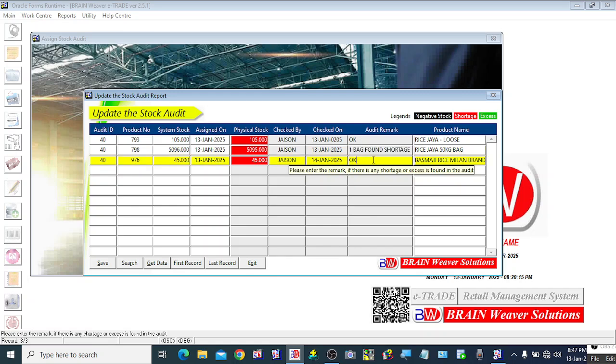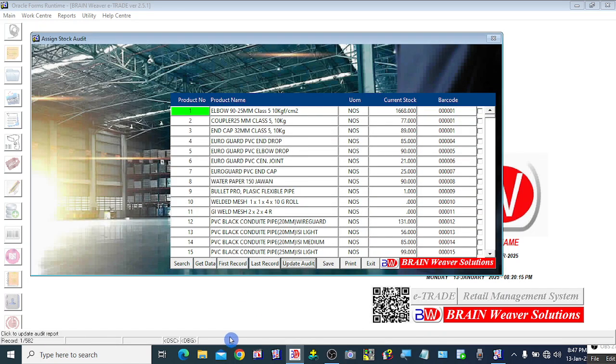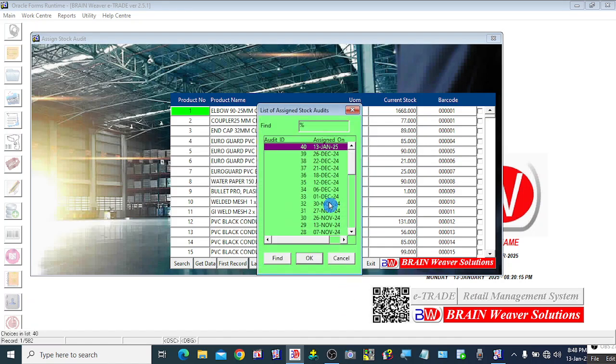In this way, the concerned person can update the stock audit report. Once the stock audit report is finished with the updation, by pressing the save button, we can save this report. Again, let us go to the print button.